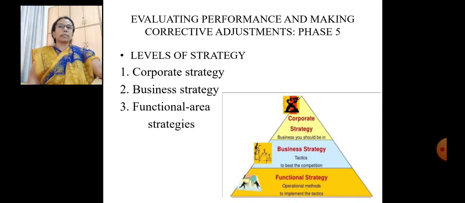The business head has at least two other strategy-related roles. They are seeing that lower-level strategies are well conceived, consistent, and adequately matched to the overall business strategy, and second, getting major business-level strategies approved by corporate-level officers and sometimes the board of directors, and keeping them informed of emerging strategic issues.